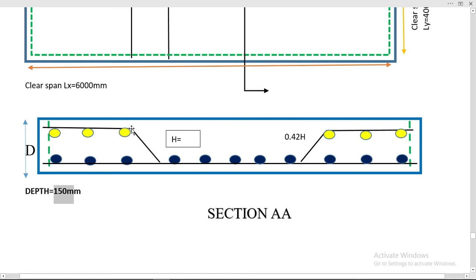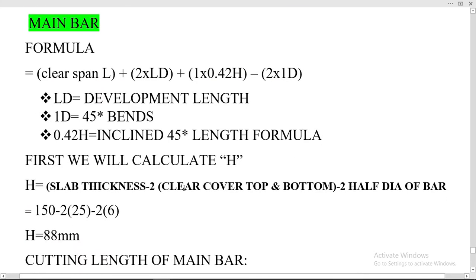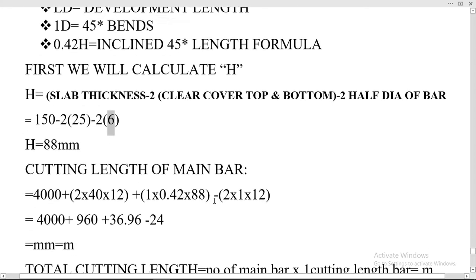Depth minus 2 clear cover from top and bottom, minus 2 half of dia of bar, because we go from center of this bar to center to calculate this H. Half will be 6, we have 12 millimeter dia bar. So H value is 88 millimeter.